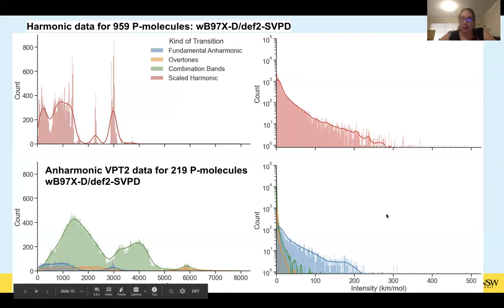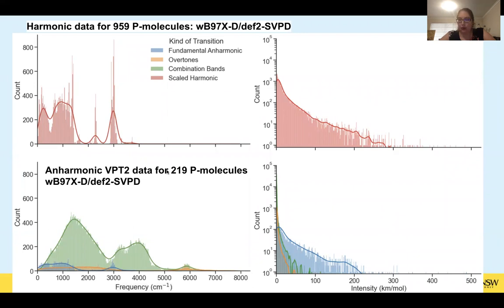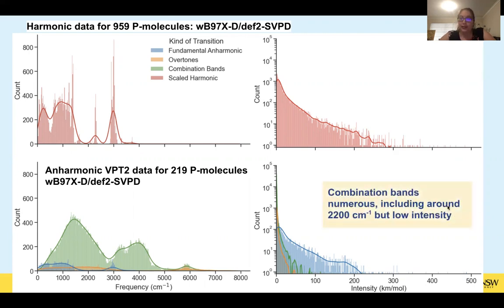Basically here we can figure out all the absorptions of the molecule using anharmonic, whereas harmonic only gives us the strongest. So it depends what you're after. There's numerous bands at various regions, but they're really low intensity. So the intensity of the harmonics or the anharmonic fundamentals is a lot higher than the overtones.